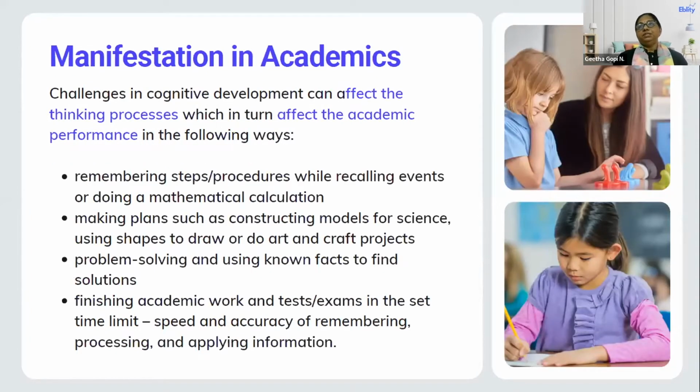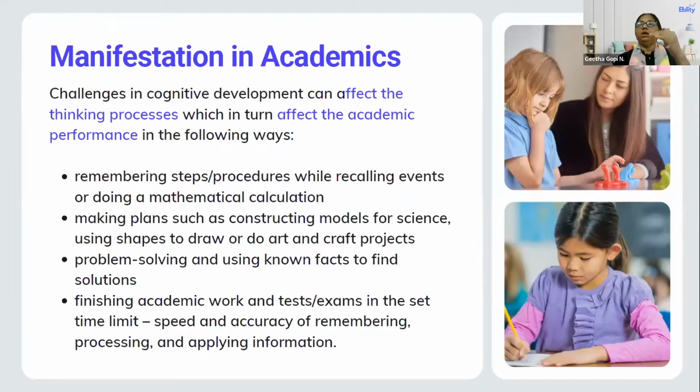Remembering steps and procedures while recording, and remembering steps in a certain sequential order. For example, if you have to retell a story or summarize a story that you've read, or if you have to do a certain mathematical procedure, say 2-digit addition with carryover or regrouping, there is a certain sequence to the steps.